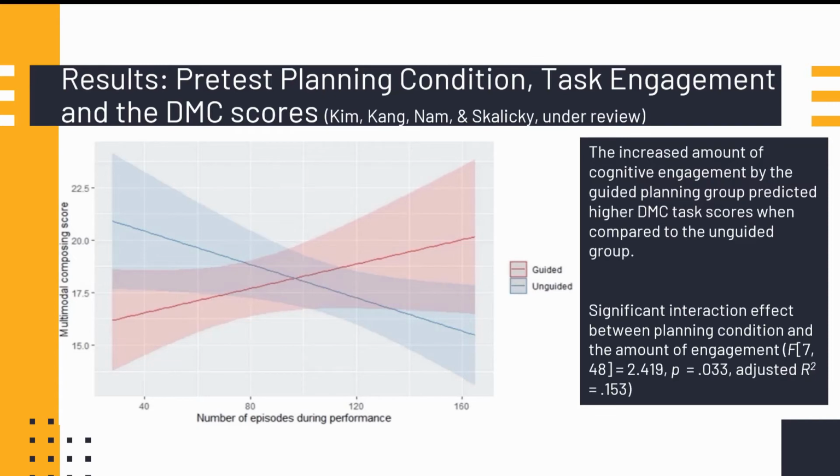So when they were provided with more structured instruction or guidance during planning time, their discussion or collaboration during task performance seems to be more constructive in terms of creating higher quality DMC output. So this was informative research that we were happy to see in terms of the relationship between cognitive and behavioral engagement and the task outcome.